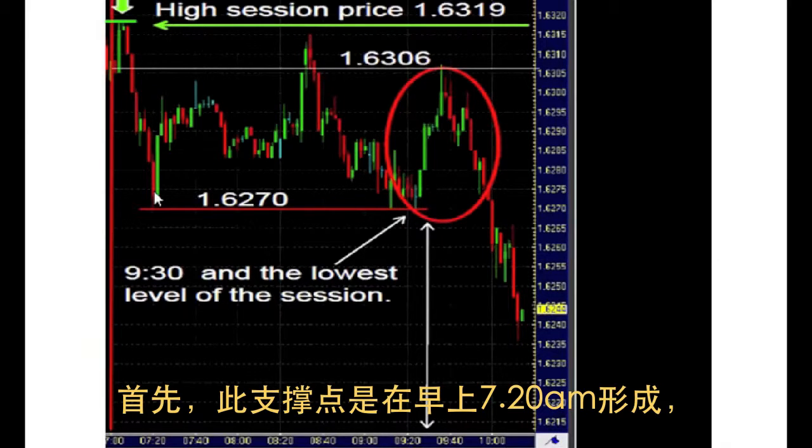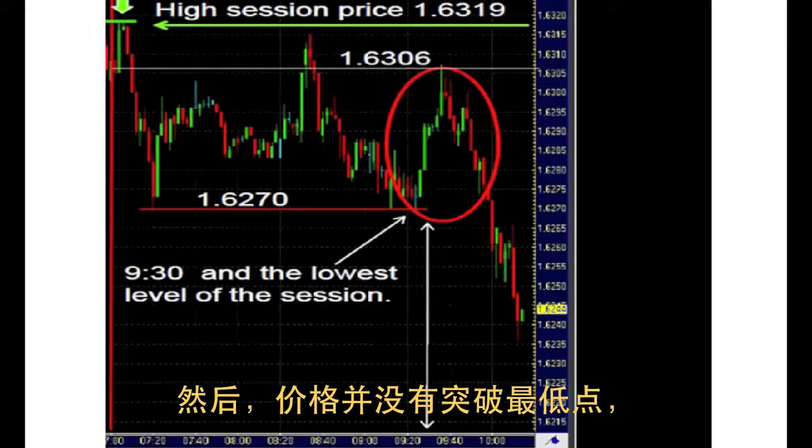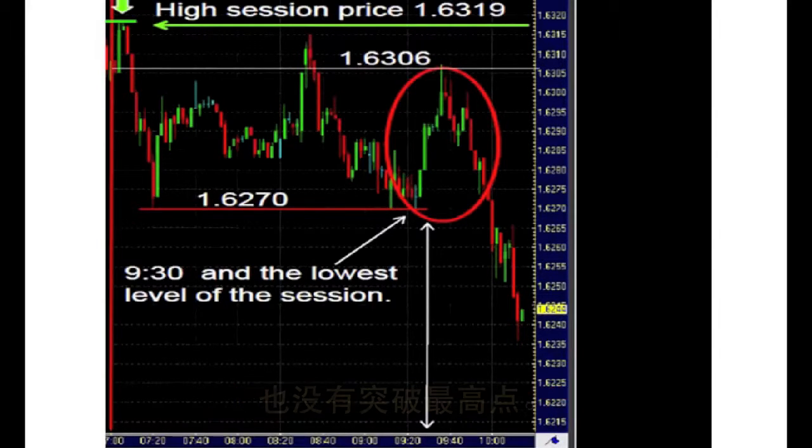Our reference points, which is our support and our resistance level, were made within the first half hour, 30 minutes of the trading session in the US. Now take a look at the price movement after we made a new low of 162.70.